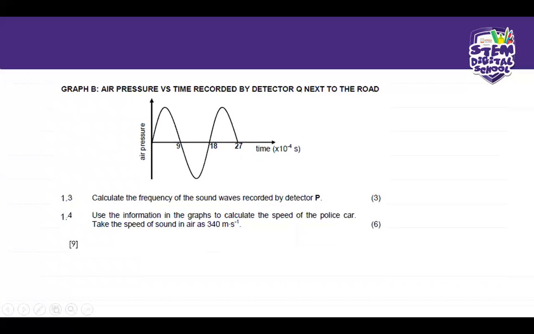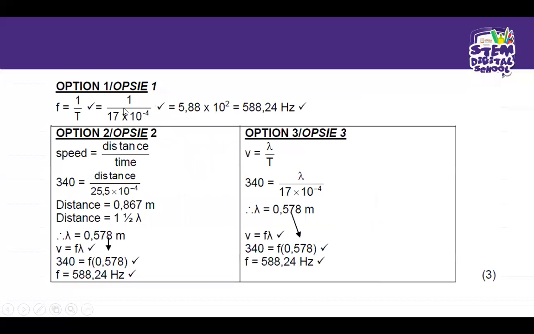The easiest one will be 1 over time, and that will be 5.88 times 10 to the power of 2, which is equal to 588.24 hertz. So that is our first option, the easiest option we can use to calculate the frequency.